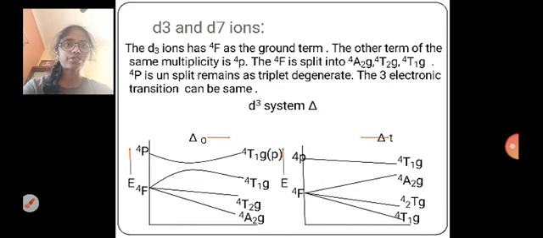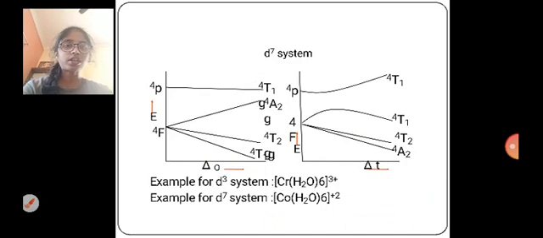The three electronic transitions can be the same. The D3 system is shown here below, and the D7 system is shown here. The 4F term will split into three and the P term will have only one, that is T1. Examples are shown here.